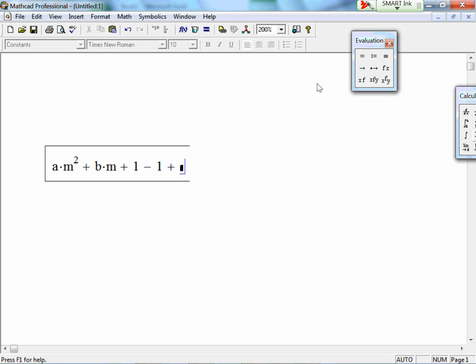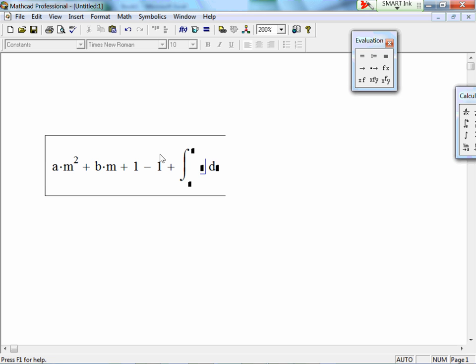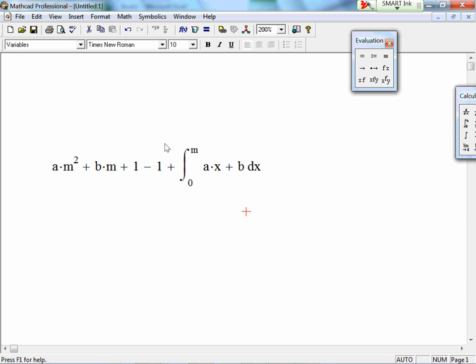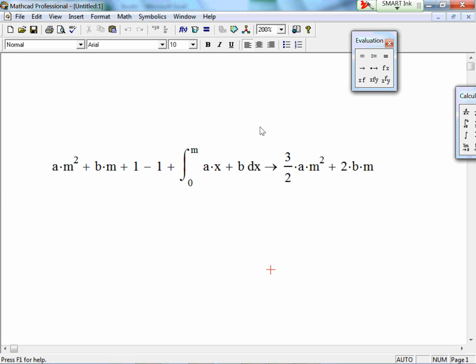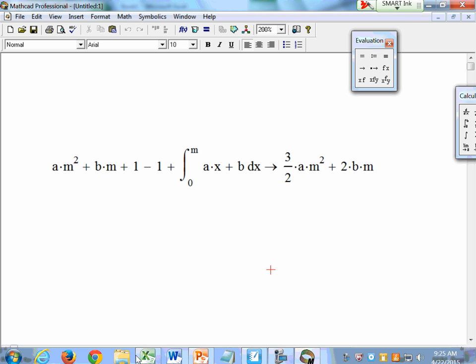Plus the integral from 0 to m. And instead of calling it m prime, I'm just going to call it x. So it's going to be a times x squared plus b times x plus 1 minus 1, right? So it's just going to be b and then divide by x. So it's just going to be ax plus b dx. Okay, so evaluate that, simplify. It's 3 halves am squared plus 2bm. Okay, so that's our formula.